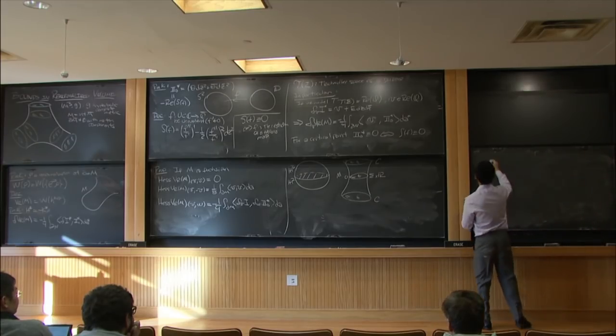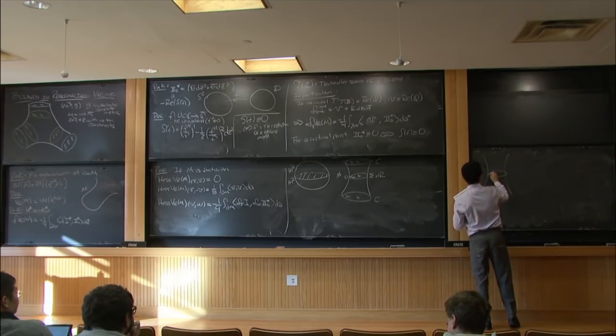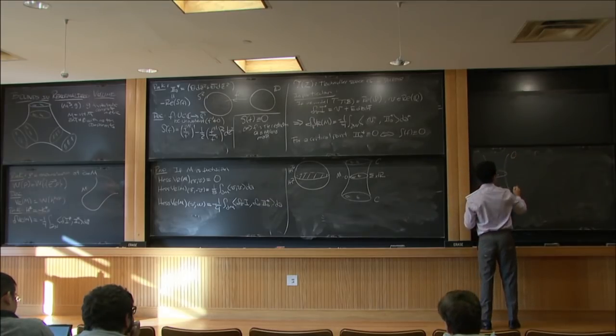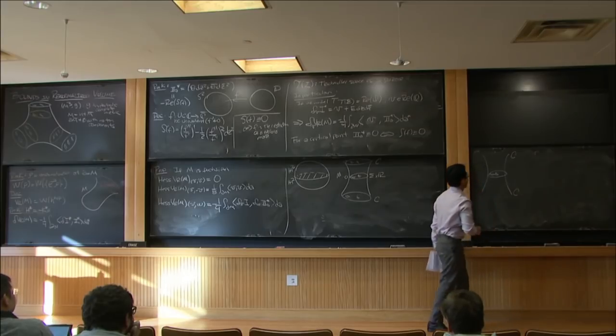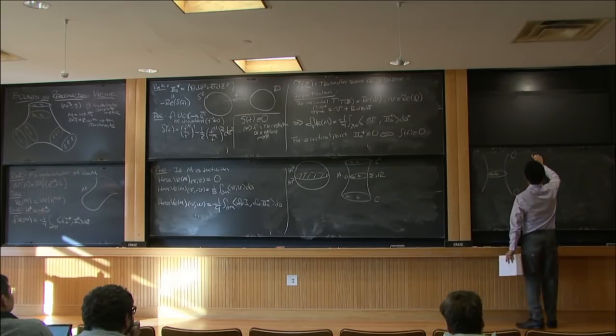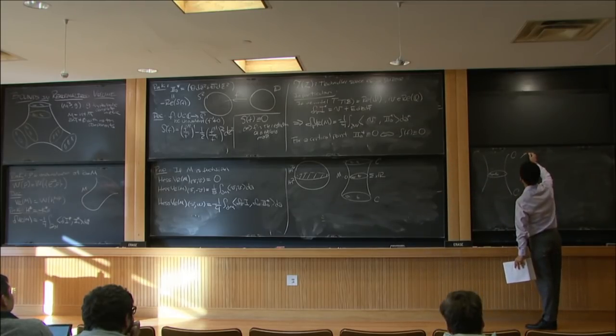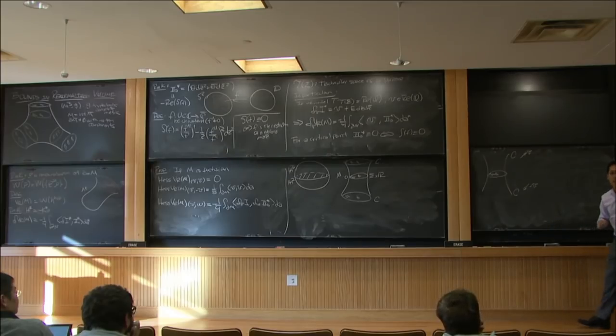So now, imagine this is your Fuchsian manifold, and now let's take a variation v for the top and minus v for the bottom.